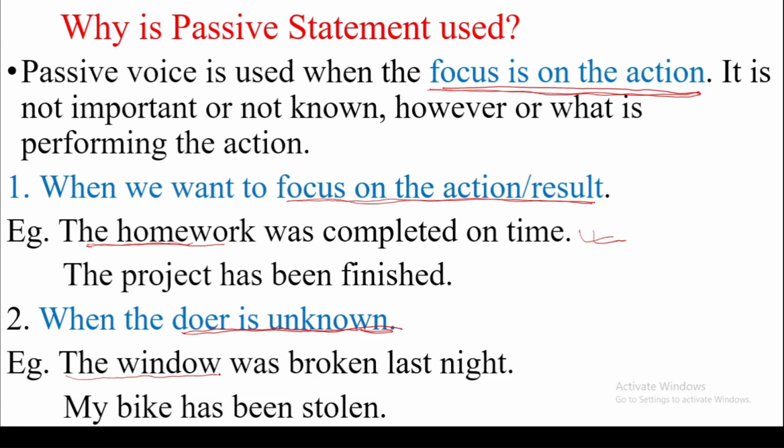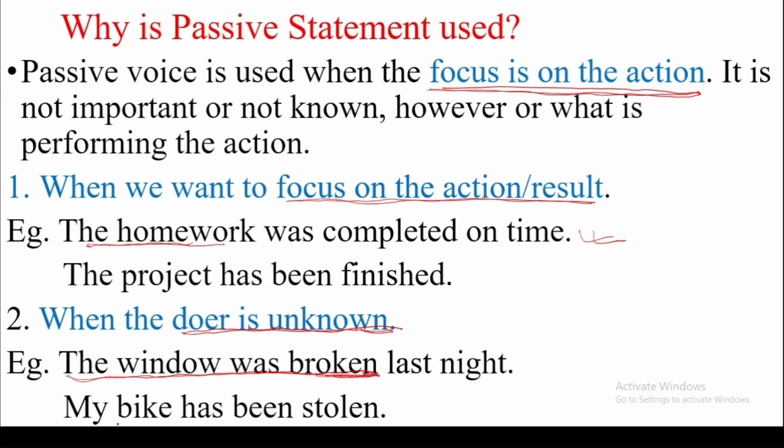The window was broken, but we don't know who broke it. So if we have to talk about the action but the doer or the subject is unknown, we use the passive.